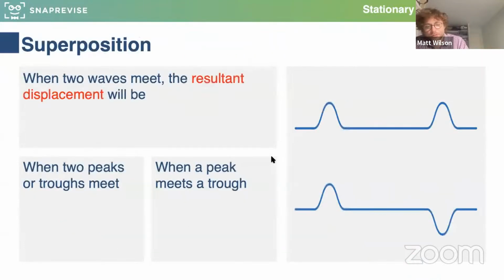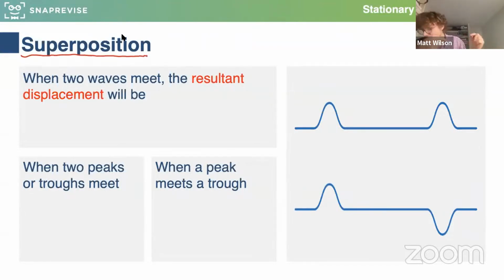Right. So far we've been talking about a single wave. One of the reasons why we care about phase, though, is because of what it allows us to talk about when we have two or more waves interacting. So we have a rule called the superposition. And the superposition rule says the following.